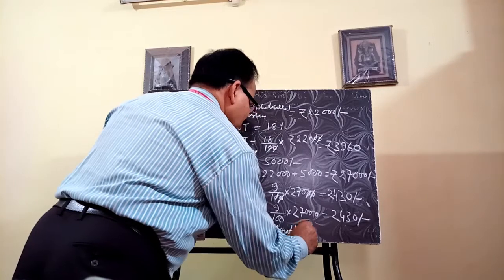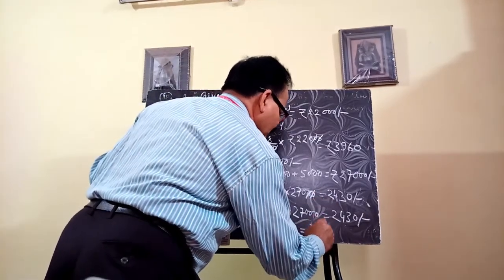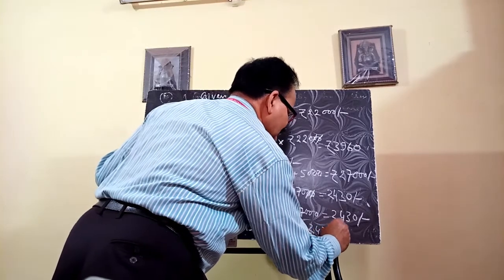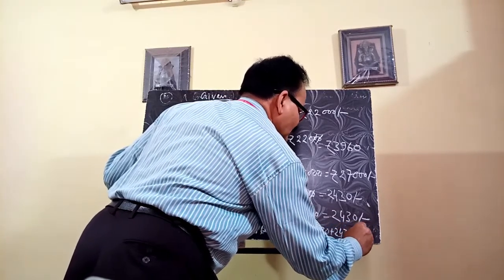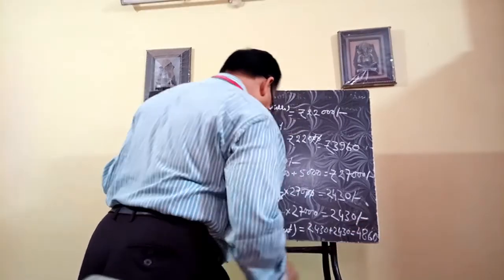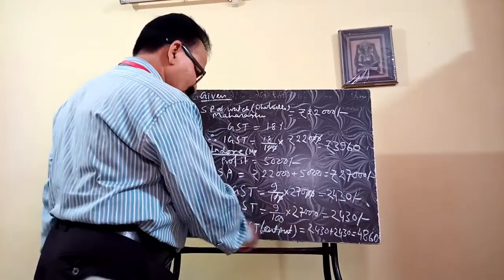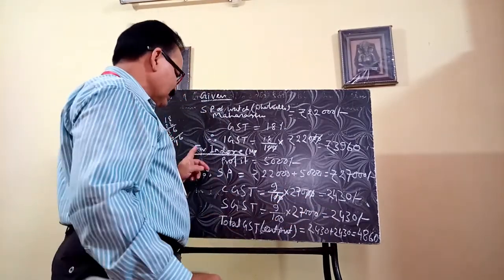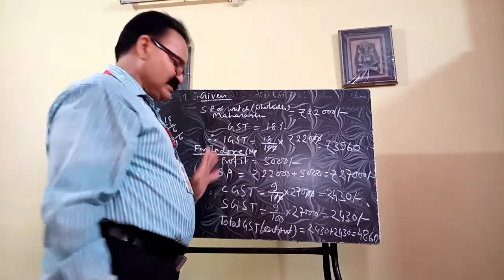Okay, so this much is added together, that is 2430 plus 2430, so this is 4860. This much is the total GST that is collected by the Indore dealer from the Gwalior dealer.